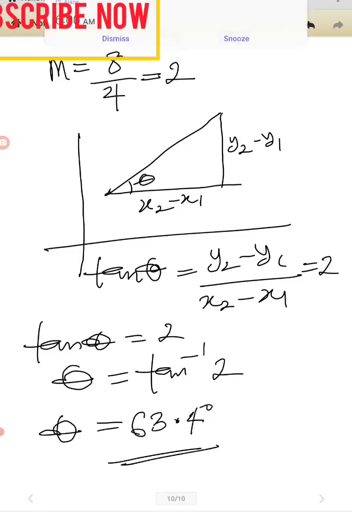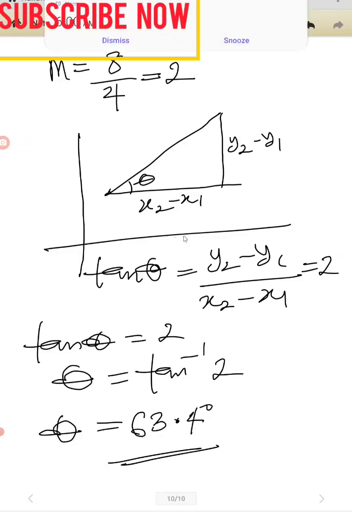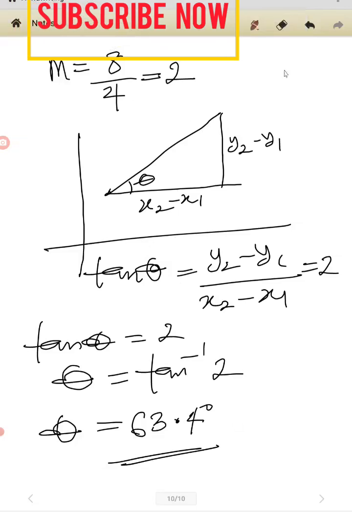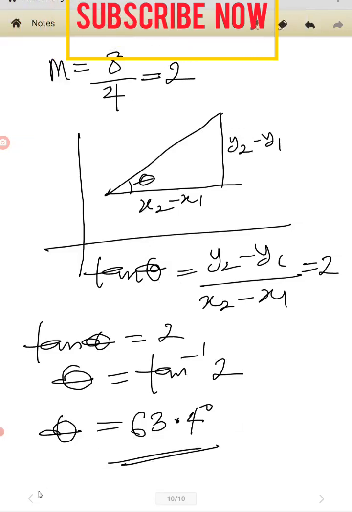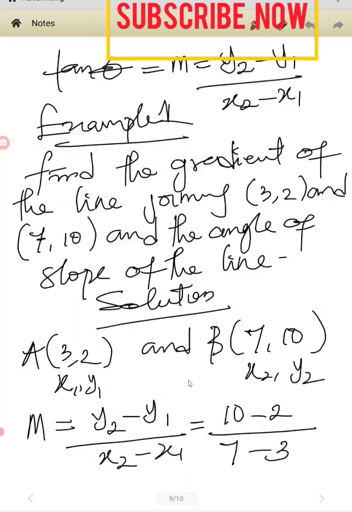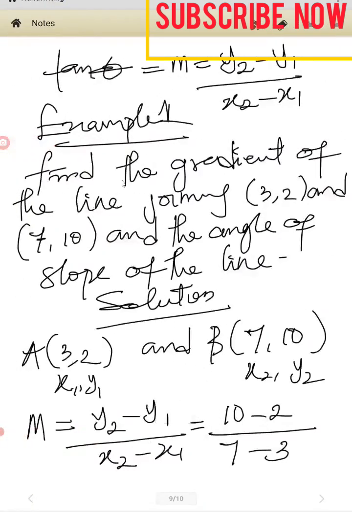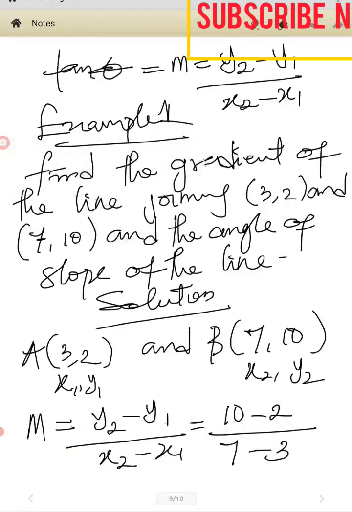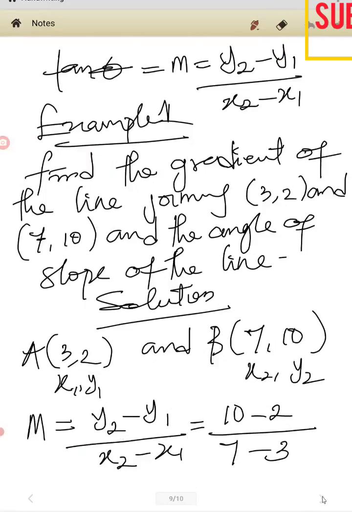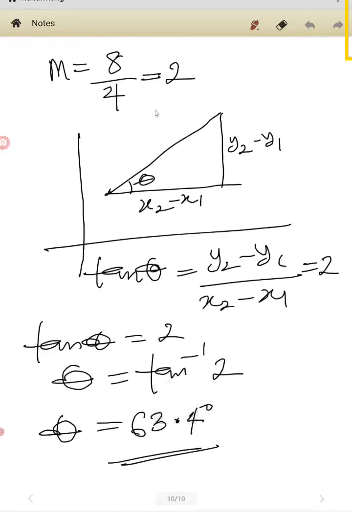So this is how we explain. You're able to see that we are able to get the value. This example is well explained, because with the point A and the point B, we have gotten the value of m, so our m is 2 and theta is 63.4 degrees.